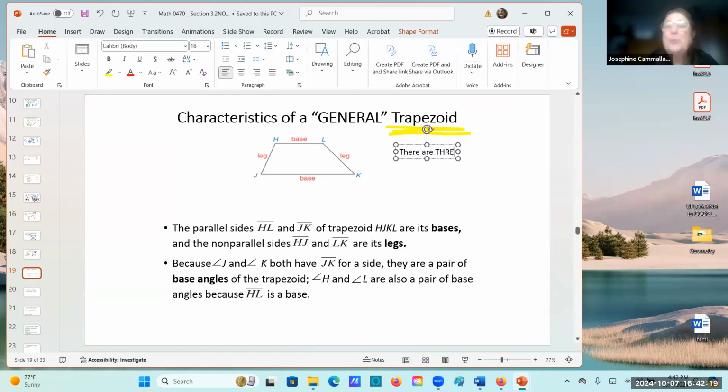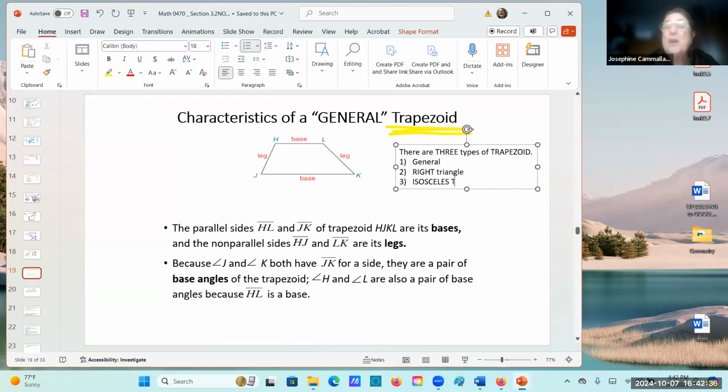There are 3 types of trapezoids. One is called the general trapezoid. Another one is called a right trapezoid.